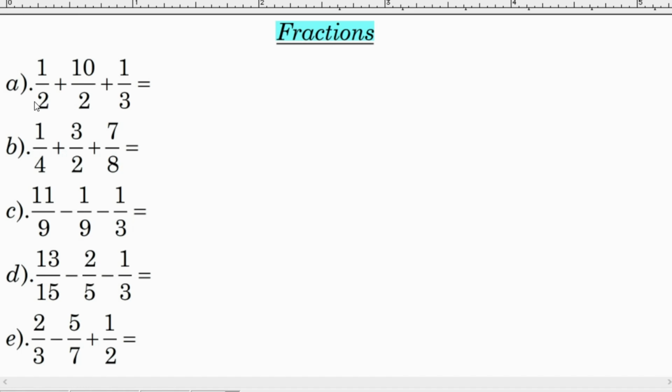Okay, now we have A. As we can see, we have 1/2 plus 10/2 plus 1/3. So we have to solve it from left to right. First of all we need to calculate the first 2 fractions.